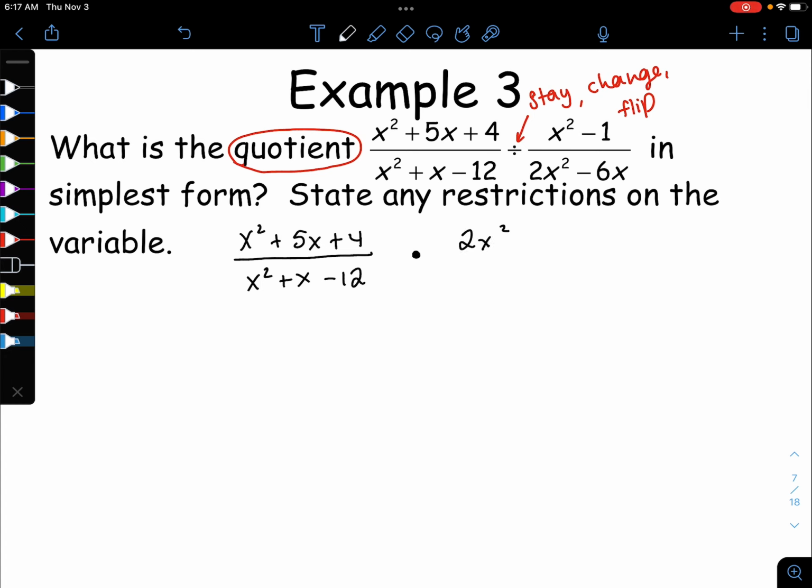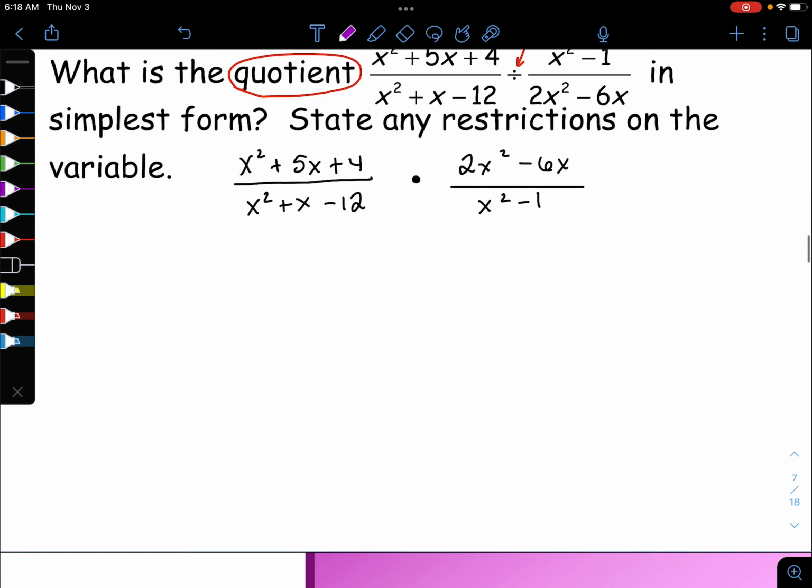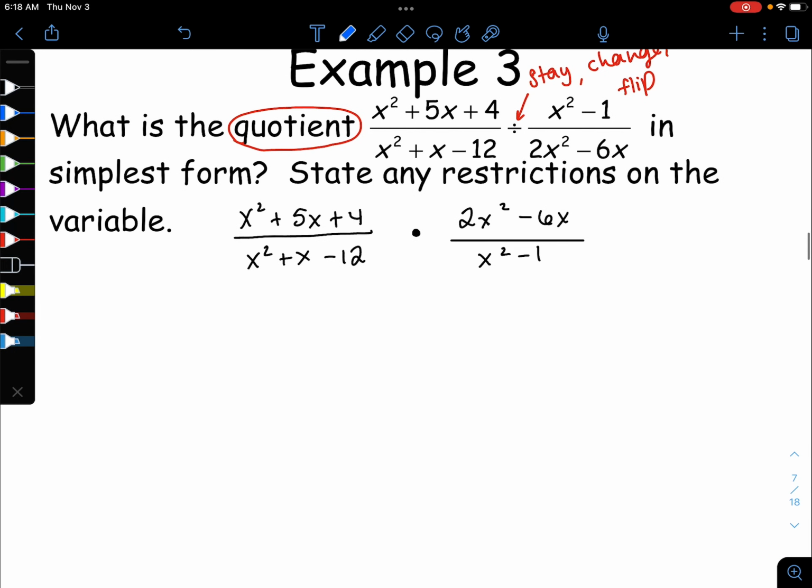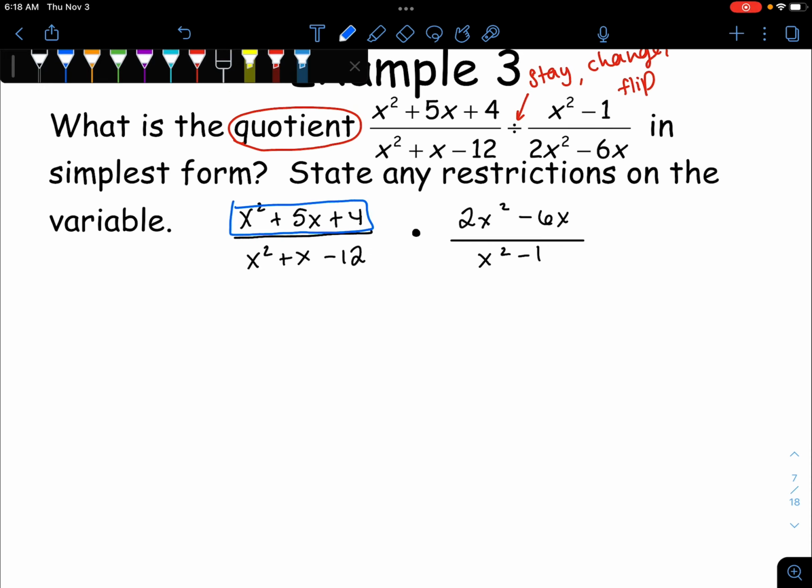It becomes 2x squared minus 6x over x squared minus 1. This became on the bottom, this came on top. And it's the same process now as the last example. So let's start with, what color to use? Blue. So this one, we're going to factor x squared plus 5x plus 4.